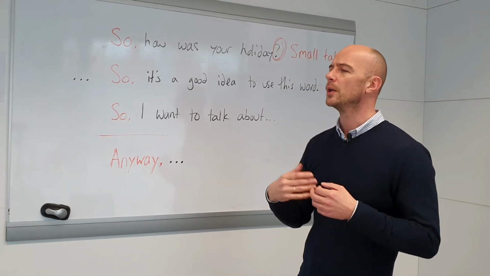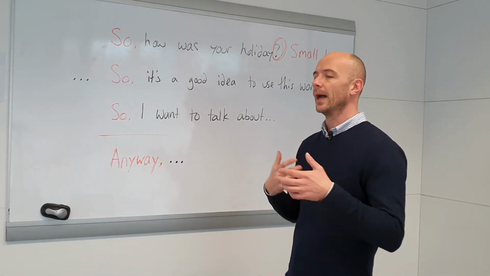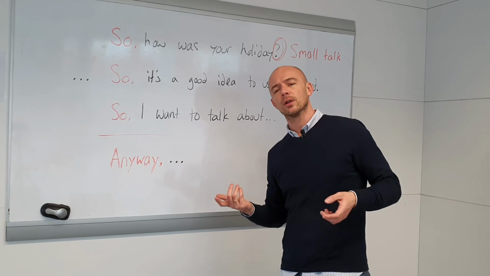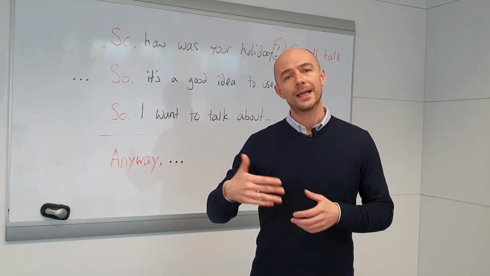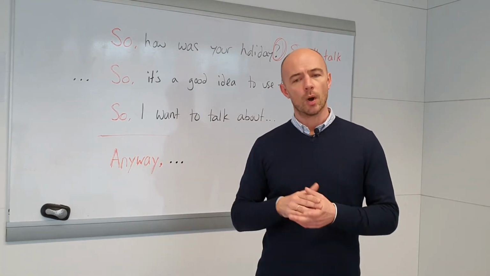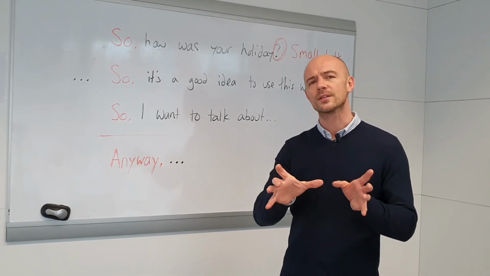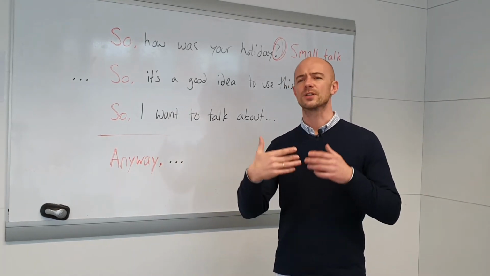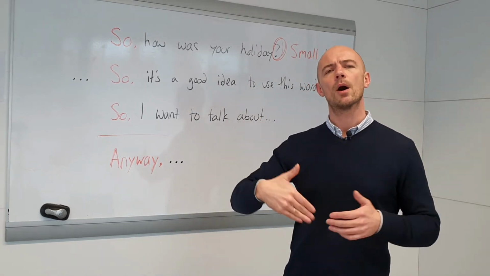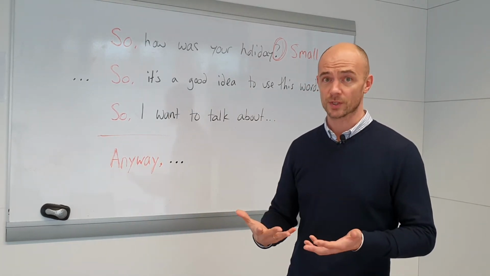Maybe before you're speaking about the weather, you're speaking about work in general, and then you say, "So let's talk about da da da." "So I'd like to talk about the first point." "So I'd like to." All of those sentences could be used as the first sentence to introduce, okay, now I'm going to speak about what I want to speak about.